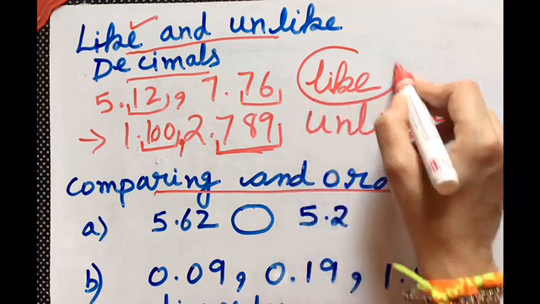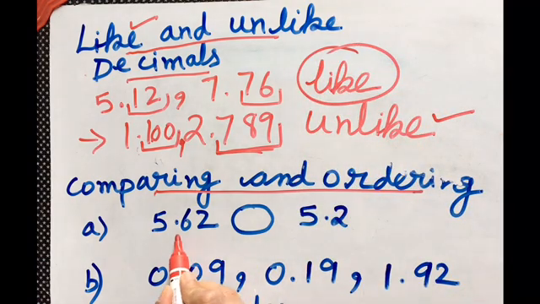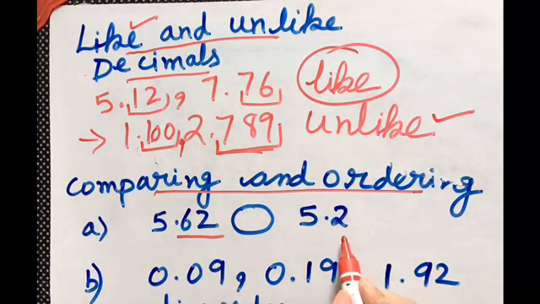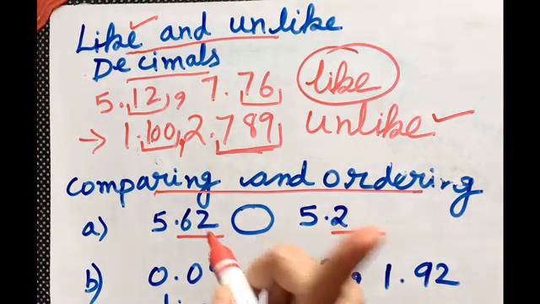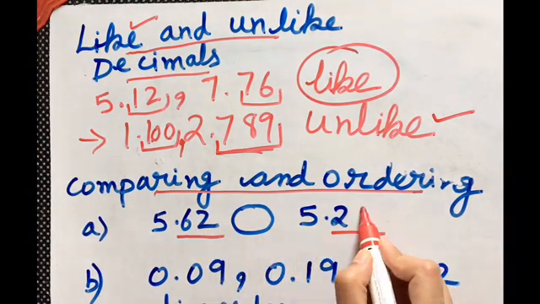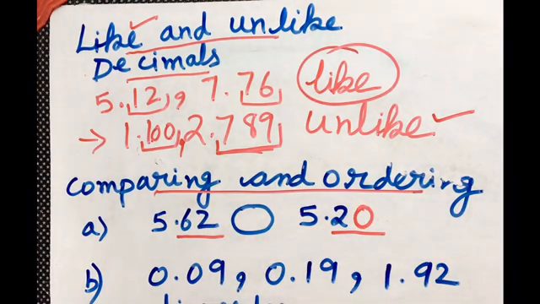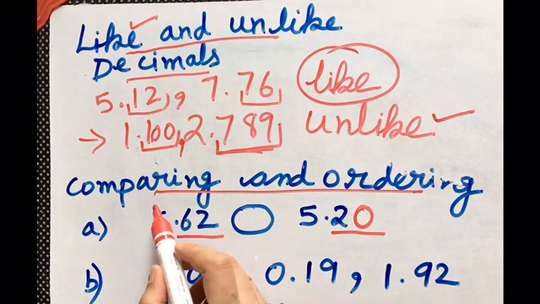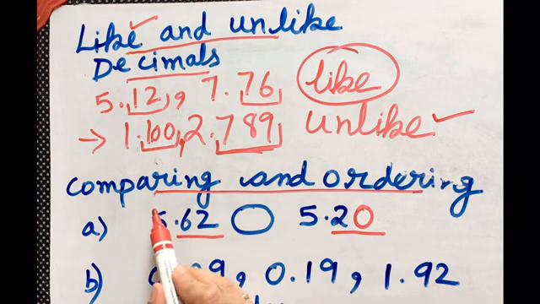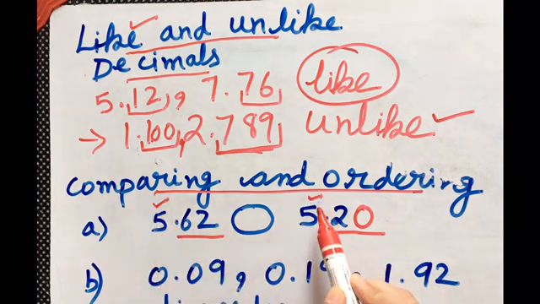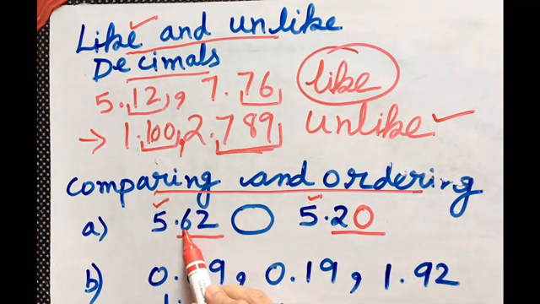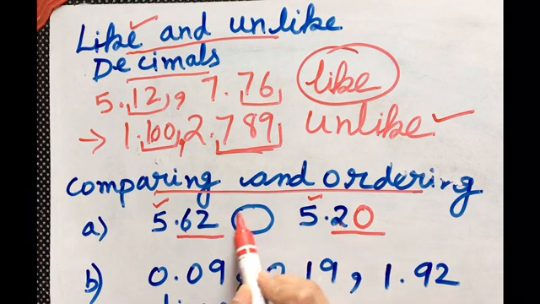Now in comparing and ordering, the first step is to make all the decimals like decimals. Fine. So like 2.62 and we have 5.20. In this we will have to add 0 at the end, so that they become like decimals. Now which one is bigger?